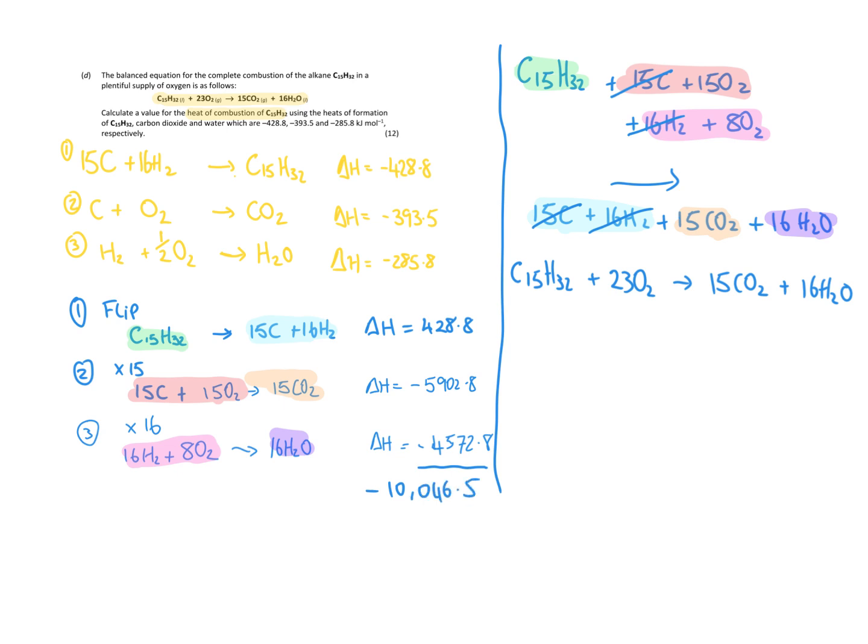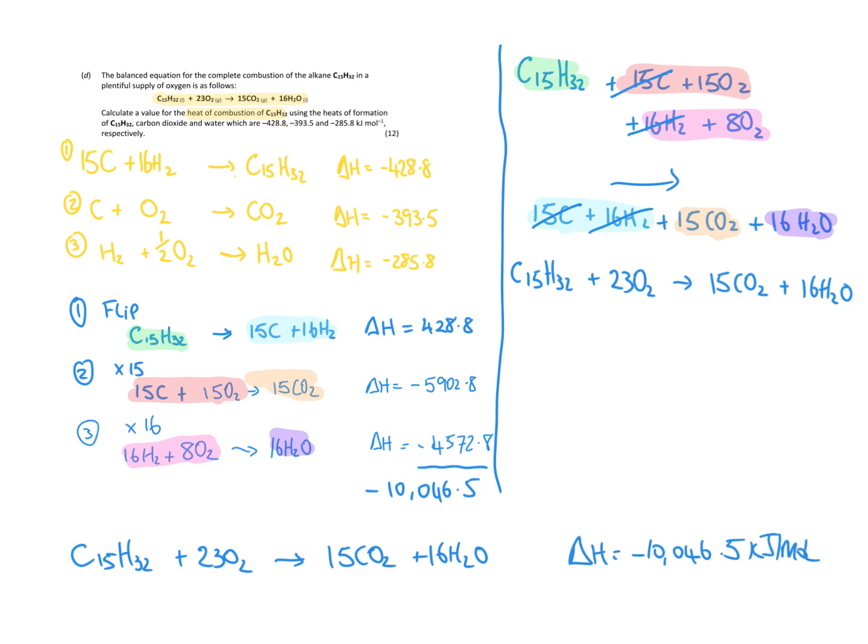So my final answer for this question is C15H32 plus 23O2 goes to 15CO2 plus 16H2O, and that gives me a delta H value of minus 10,046.5 kilojoules per mole. And that is another exam question answered for you in full.